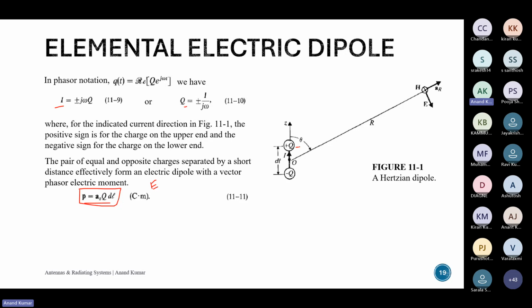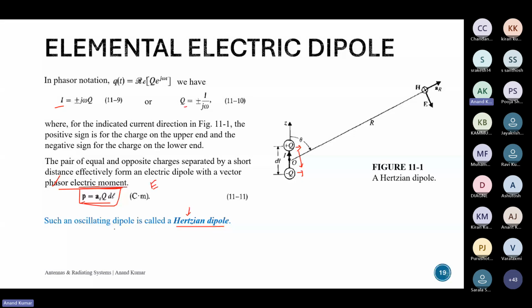We have the value of the charges and the distance between them, so Q into dl gives you the phasor electric moment. This particular setup is what is called a Hertzian dipole, because of Hertz.